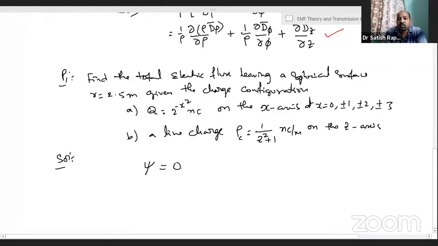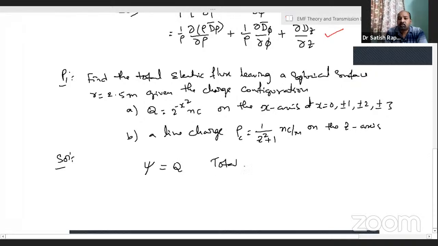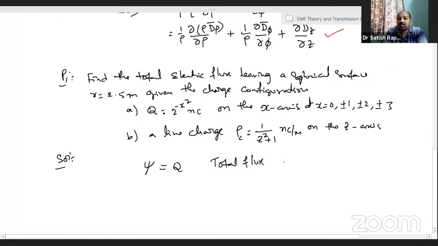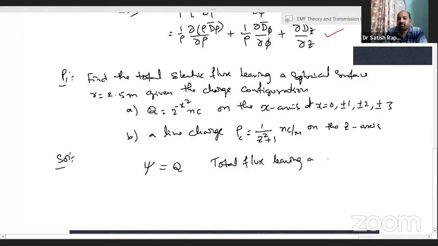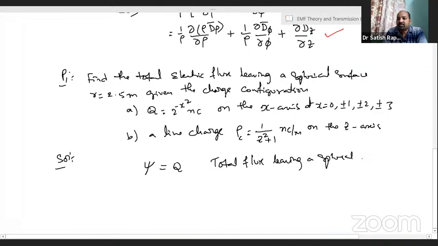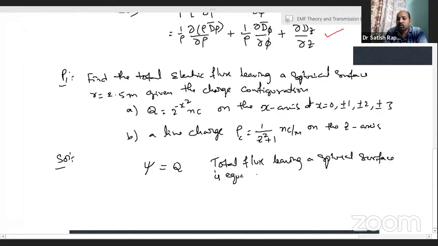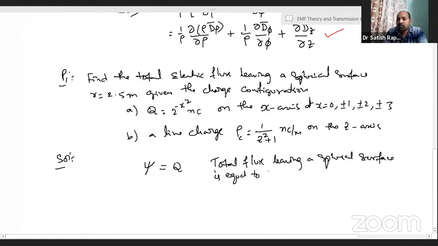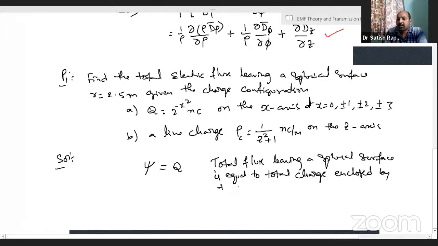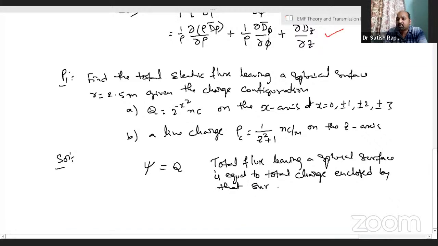Is equal to Q. Total flux leaving a spherical surface is equal to the total charge enclosed by that surface, right?